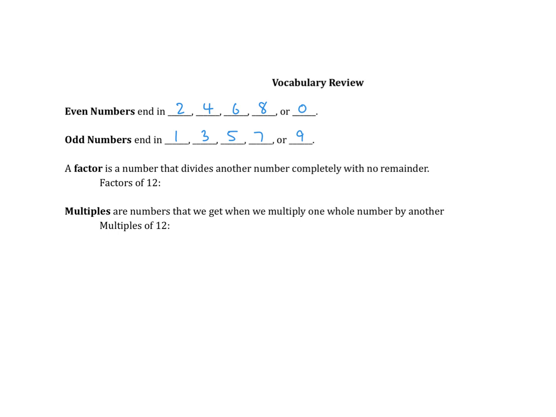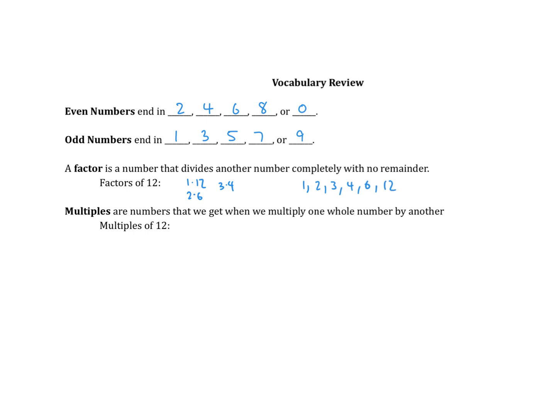When we try to think of the factors of, for example, 12, we're trying to think of the numbers that we can divide 12 by, or the numbers we multiply together to get 12 as a product. So I could do 1 times 12, 2 times 6, or 3 times 4 to get 12. So the factors of 12 are 1, 2, 3, 4, 6, and 12.